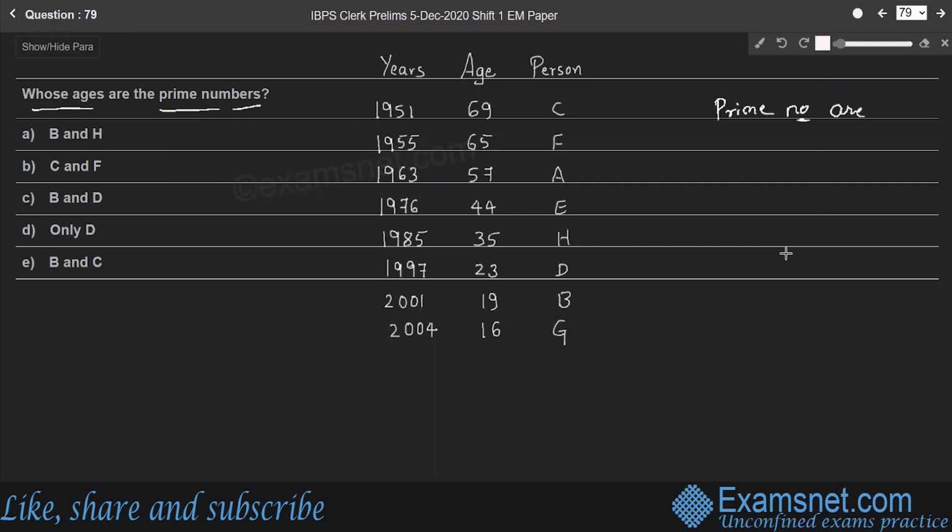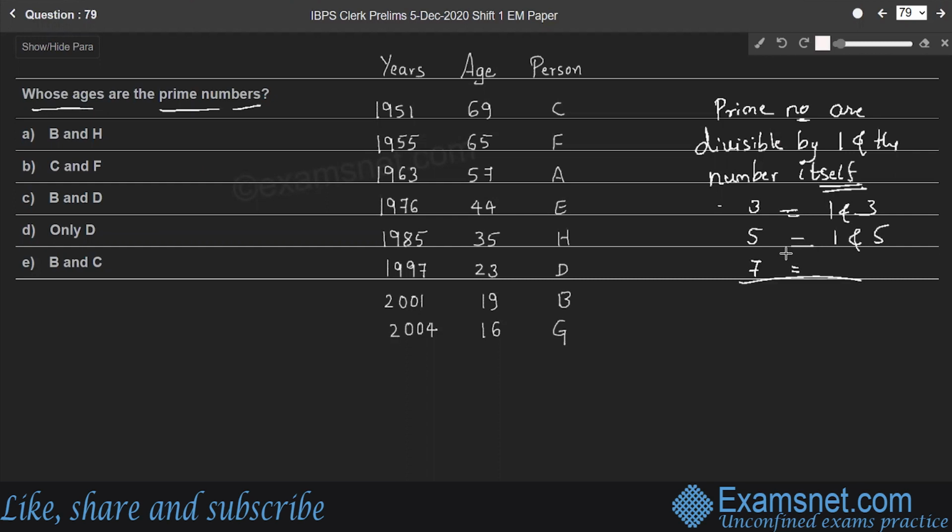Here, for example, 3. 3 is divisible by 1 and 3. Right. And 5. 5 is also divisible by 1 and the number itself. And 7. Like that.